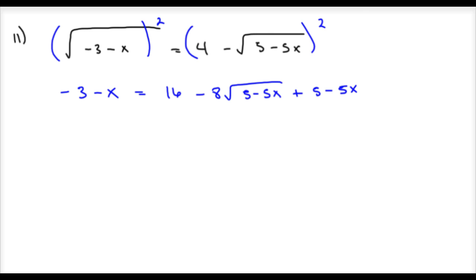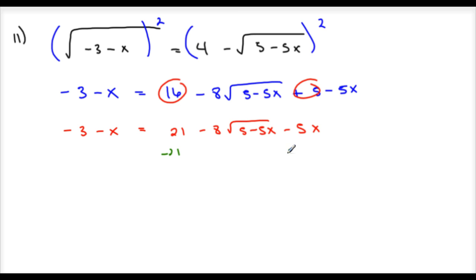Simplify where you can. So I'm going to get negative 3 minus x equals 16 and 5 is 21, minus 8 radical 5 minus 5x minus 5x. Bringing everything over to the left except for the radical. So I'm going to subtract 21 and I'm going to add 5x both sides.